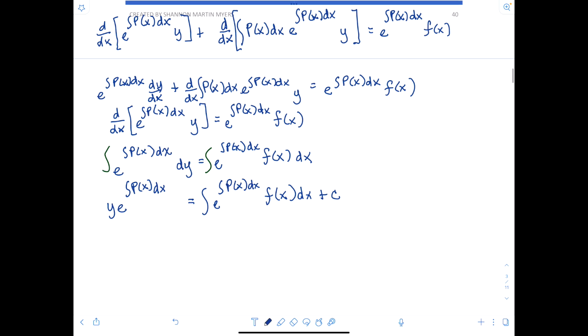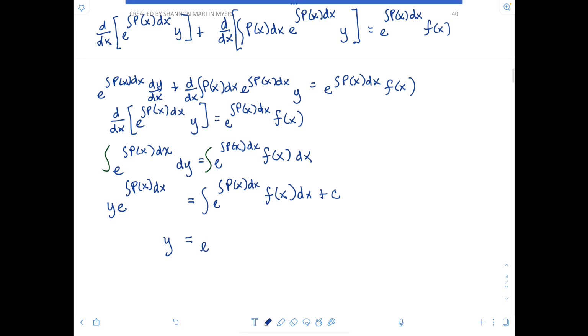So isolating y, we'll have e to the negative integral p at x dx.